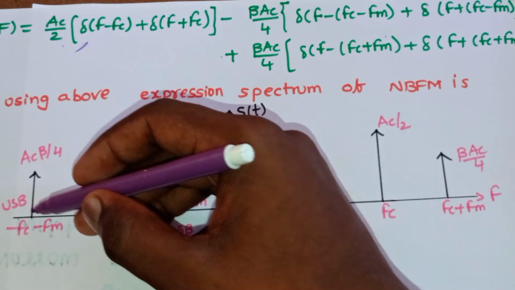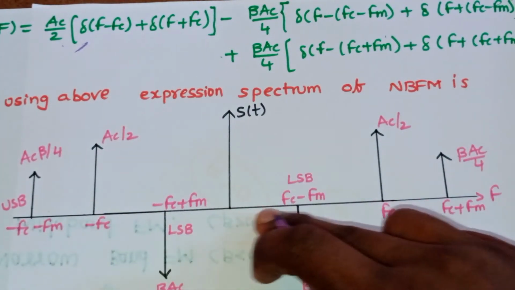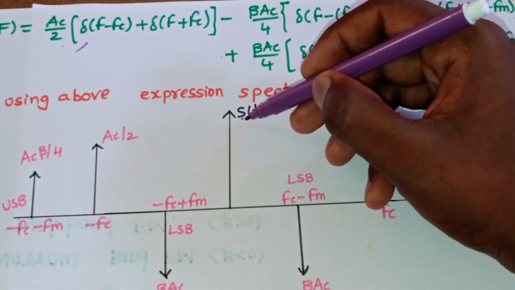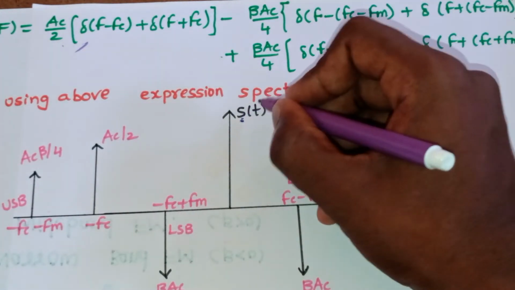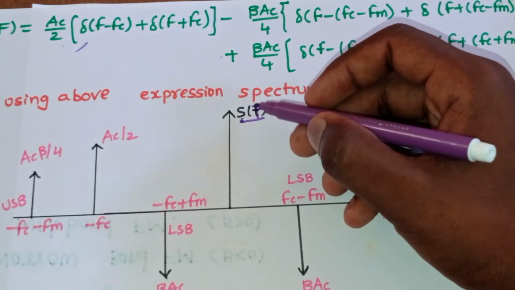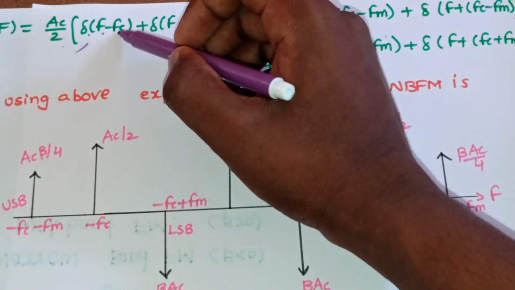First draw the frequency axis. This is the horizontal axis, the frequency axis. We are going to draw the spectrum for S of f, so I write here S of f. Now first consider delta of (f minus fc).